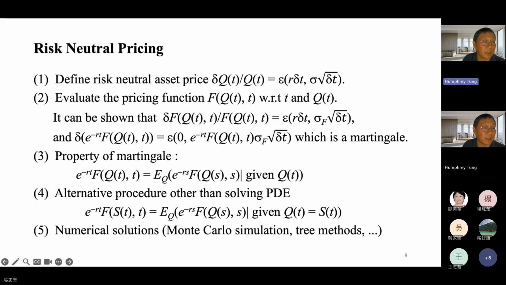In bullet one, previously we had a stochastic model that describes the underlying asset price, but in this pricing scheme you are going to change the mean term. You can see in bullet one, the mean term being R delta T, and the random term being the same as in the stochastic model.